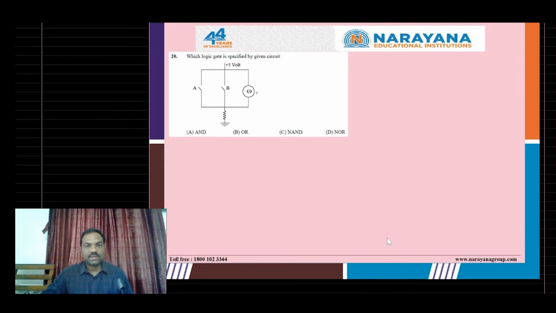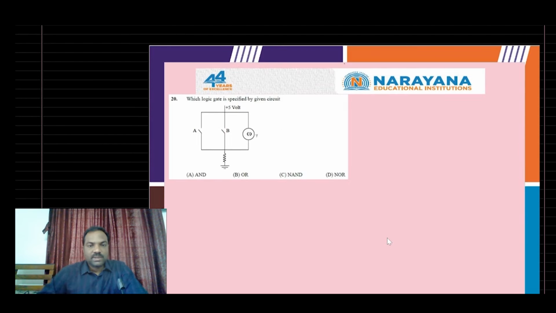So let us go to the next question. I think the question may not be like this in the examination, so I request all the students to once verify whether switch open is given as 0 or switch open is given as 1. Actually this is the bulb. If the bulb glows, we take it as 1.